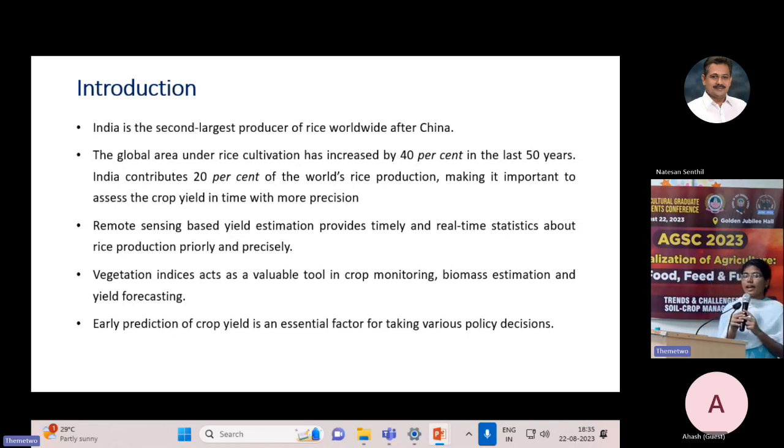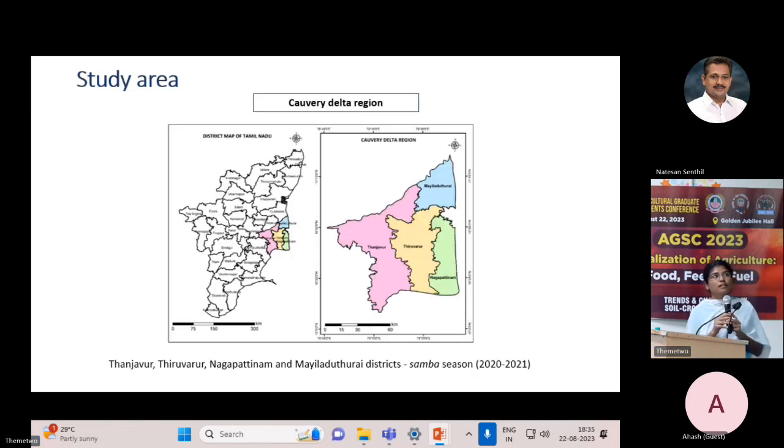Yield prediction helps policy makers to devise policies. Then this is my study area. My study area is the Kaveri Delta region, which consists of Thanjavur, Tiruvarur, Nagapattinam, and Mayiladuthurai districts. This research was carried out during the summer season of 2020. Why did I choose this area? This is a major rice growing tract of Tamil Nadu.